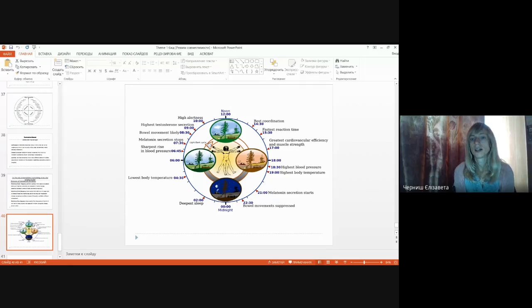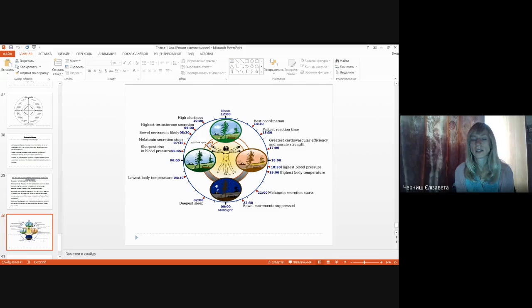And with time, it is connected with some processes in our organism, with some activity, metabolic activities, some system activities of our body.